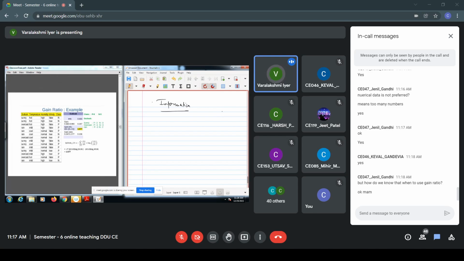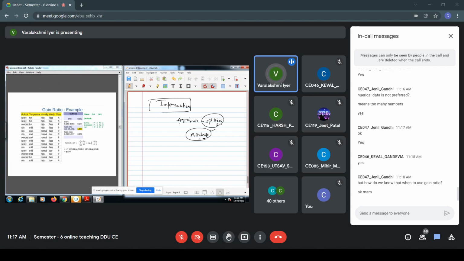The splitting information will be higher for an attribute which has a large set of values, but for an attribute which has fewer values, the splitting information will be low.